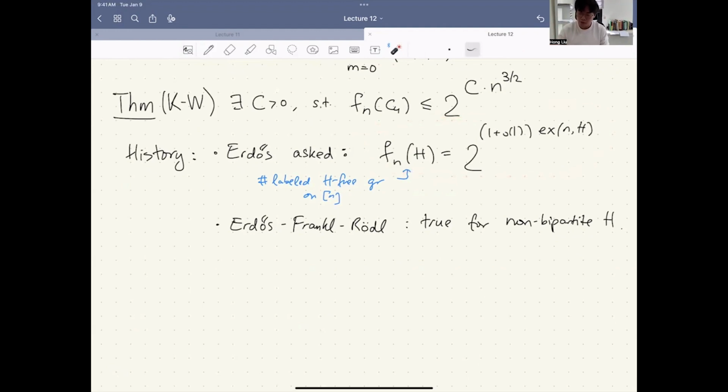But there is a counterexample. There are examples where this is not true. And there's only one example we know. It's the 6-cycle. So a counterexample.